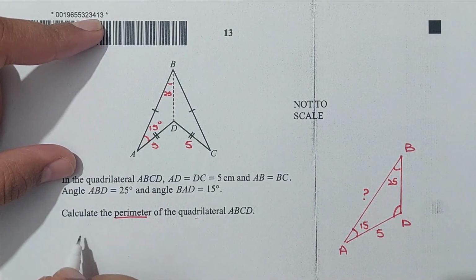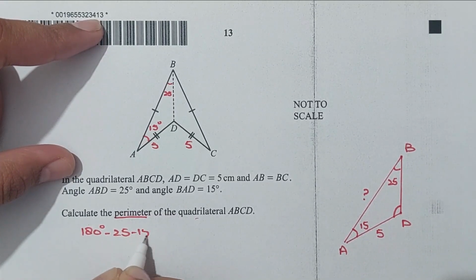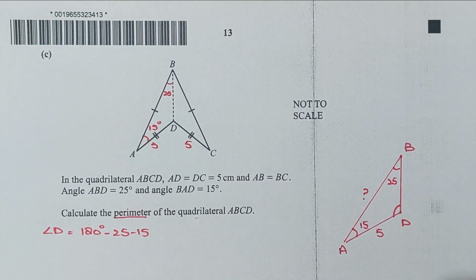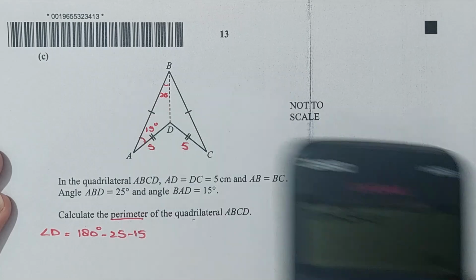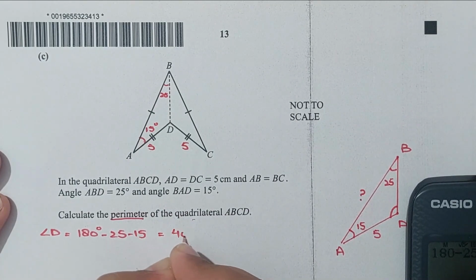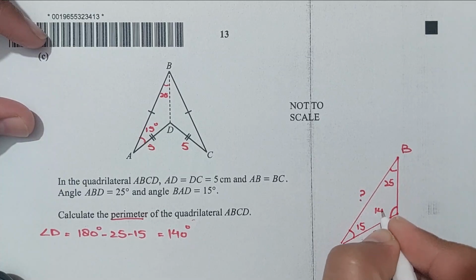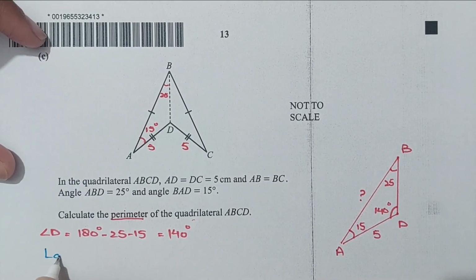180 minus 25 minus 15. This would be angle D. 180 minus 25 minus 15 is 140. 140 degrees is that angle. Okay, we have 140. Let me apply the law of sines over here.